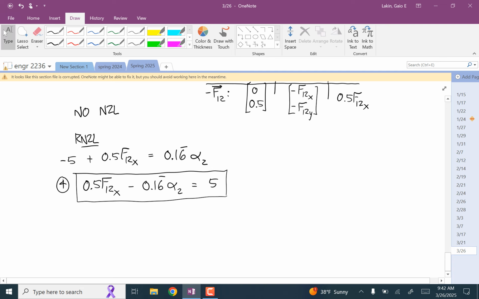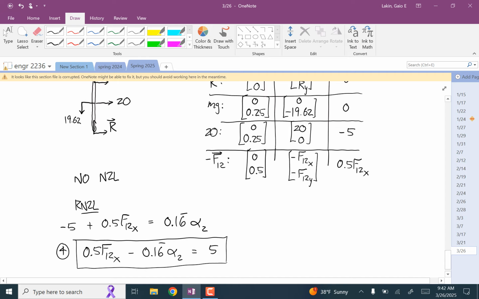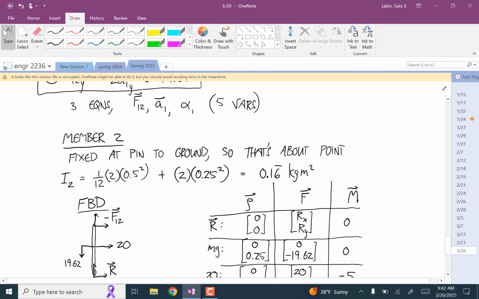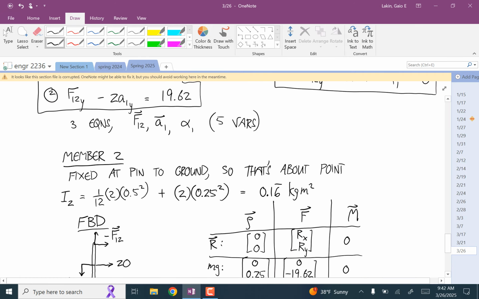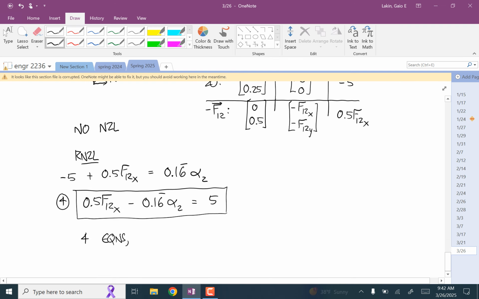Okay, and now let's do the same thing we did before, figure out how many equations we have, how many variables we have. We have 4 equations. What about variables? Well, we already had these 5. Our new equation has F12x, which we already had, and it has alpha 2.